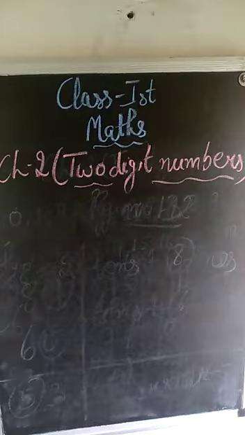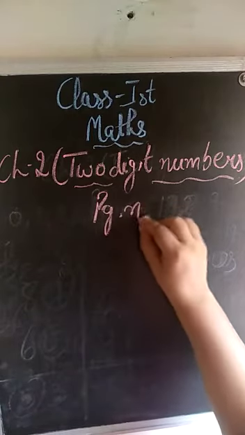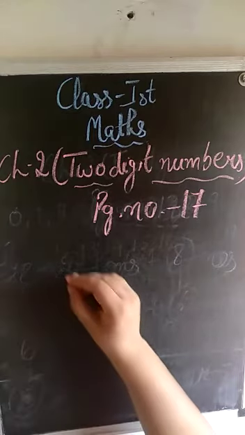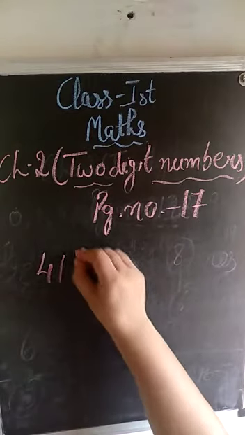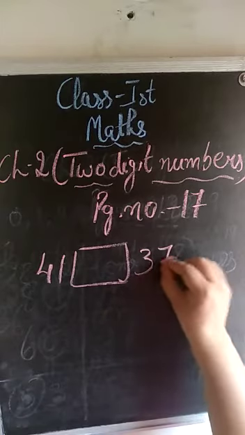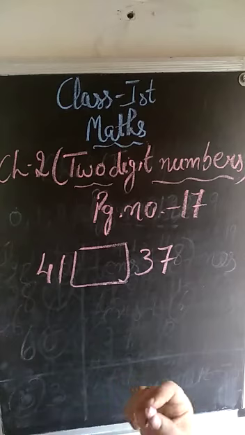Now, come to your next exercise, that is at page number 17. Here we are supposed to put the sign of greater number, smaller number and equality according to the position of the numbers.